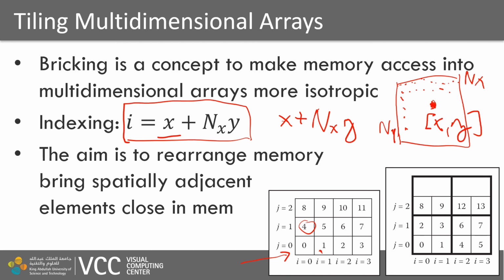We would like that the entire neighborhood of our object is somehow stored close to each other. And that exactly is what the tiling or bricking is doing for us.